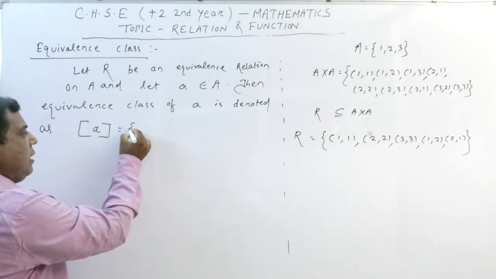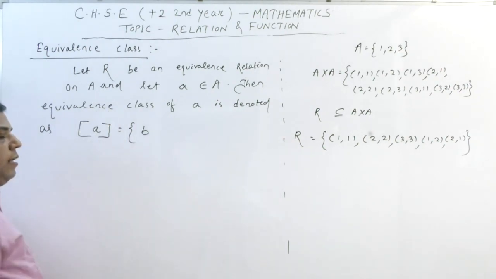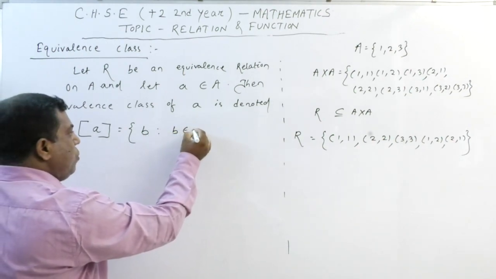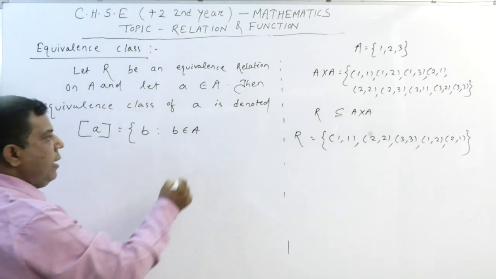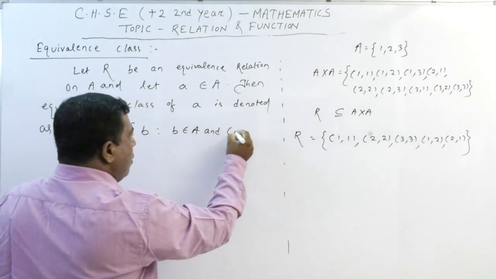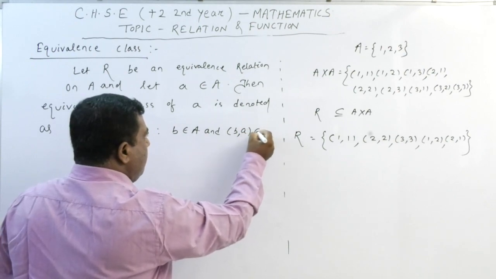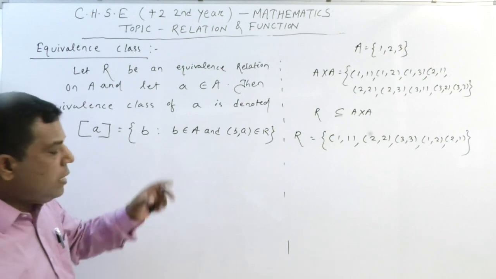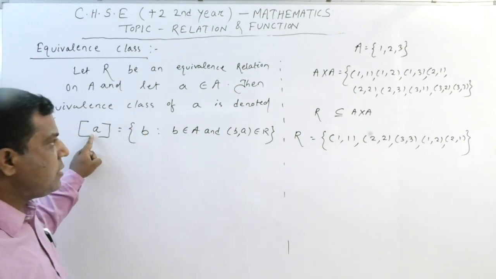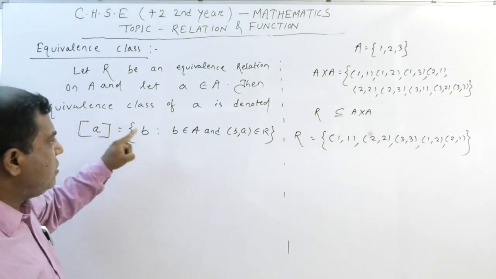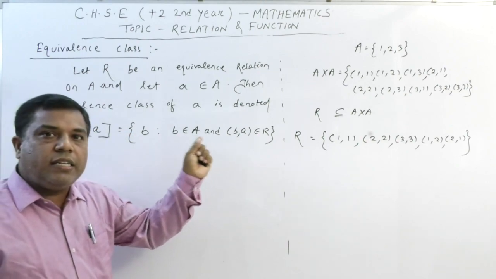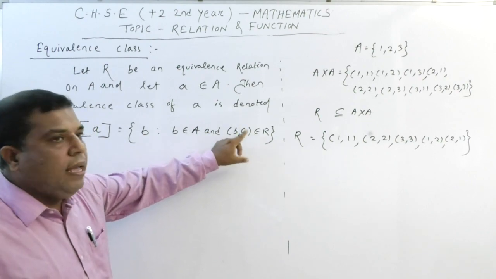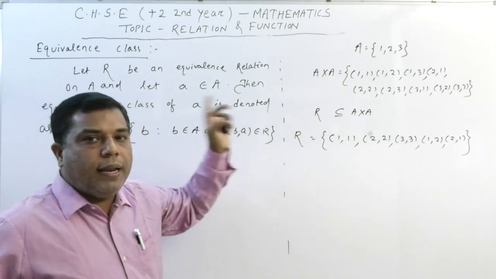It contains the element B, such that B belongs to A and the ordered pair (B, A) belongs to R. So you see clearly that equivalence class means the set consisting of those elements that are related to A in that particular equivalence relation.